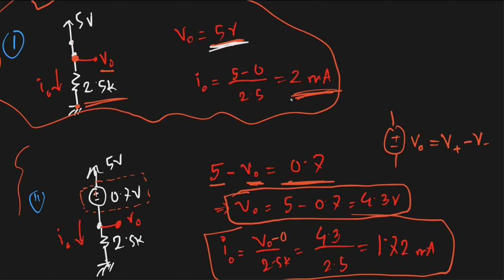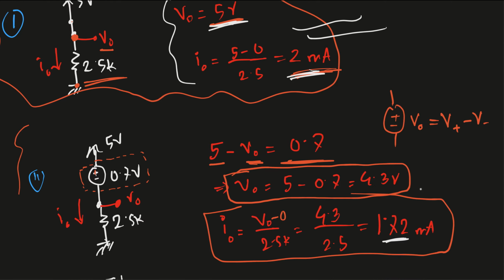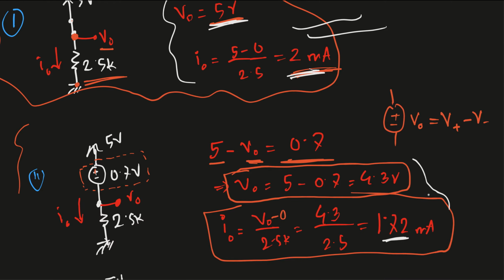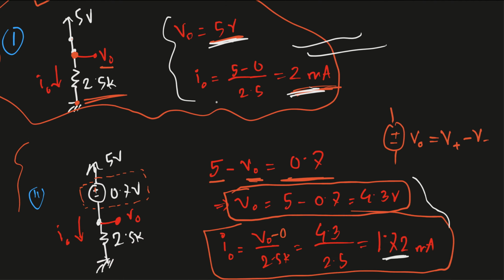The current is also very different, 2 milliampere versus 1.72 milliampere. So these are very simple to calculate but not very accurate, and these are a little bit more complicated, but they are more accurate than the ideal diode model.